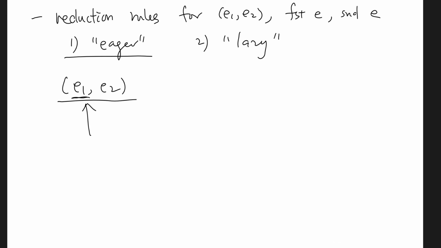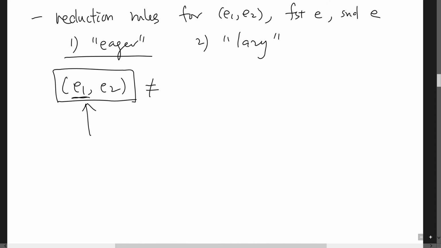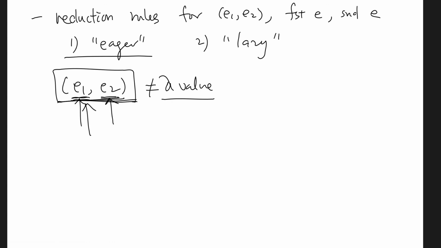So in other words, this pair is not a value unless these two expressions E1 and E2 are both values. So in general, this one is not a value, and therefore we'd like to keep reducing the two components inside these parentheses. So that's the basic idea.